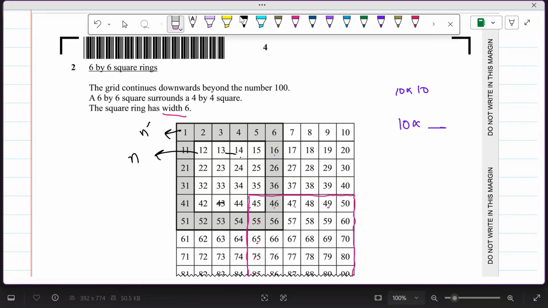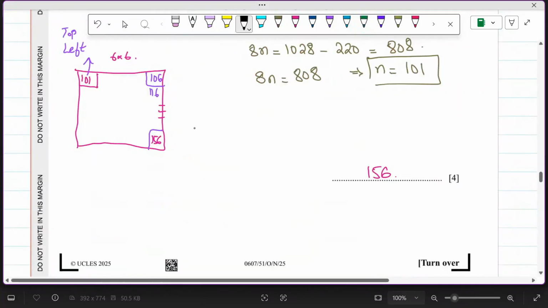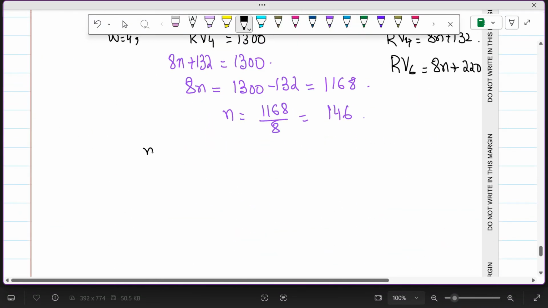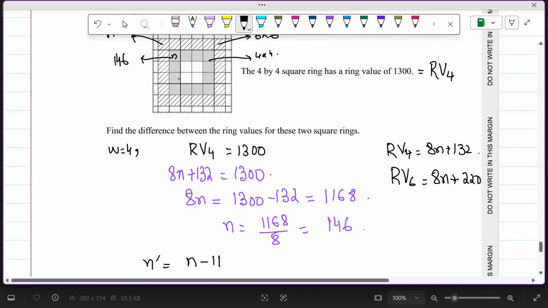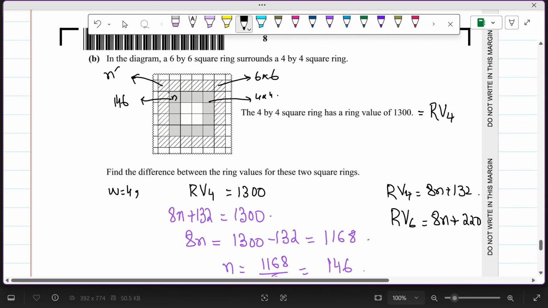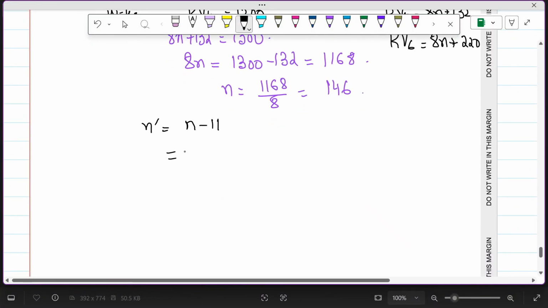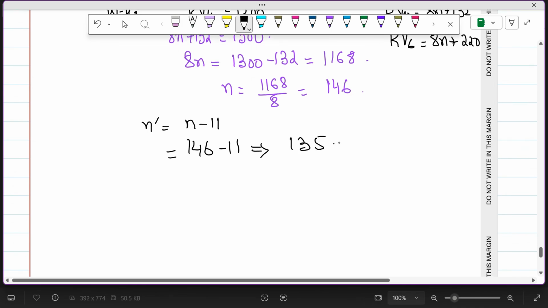You can see that the difference in these two values is 11. So this value should be 11 less than the value in the top left corner of the 4 by 4. So n dash is equal to n minus 11. So this value is 11 less than this value. We just calculated n, which is 146, minus 11, and this is equal to 135, which is n dash.